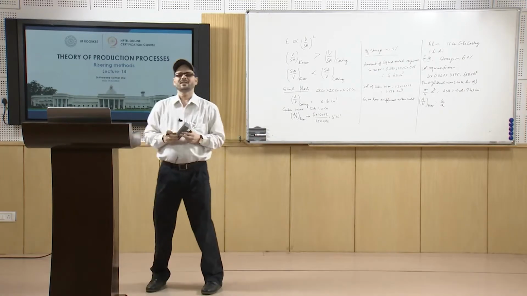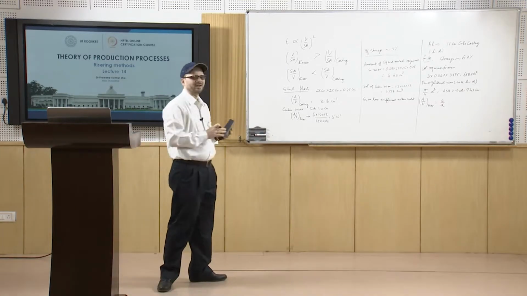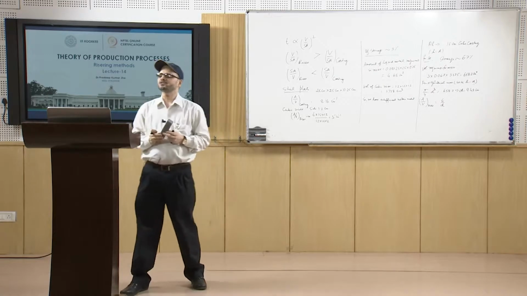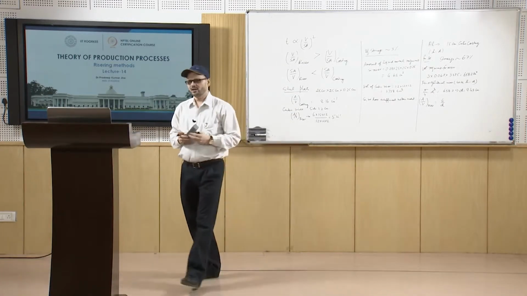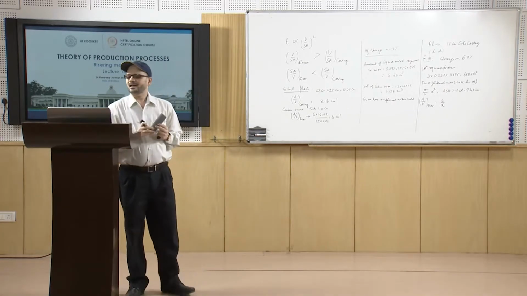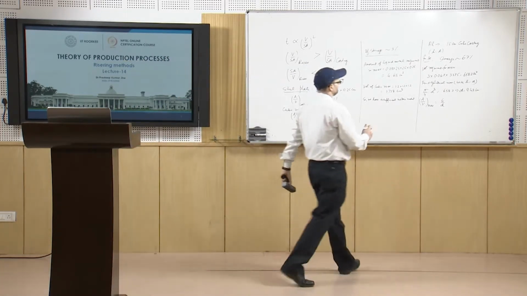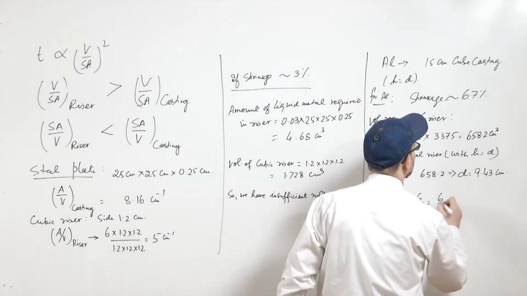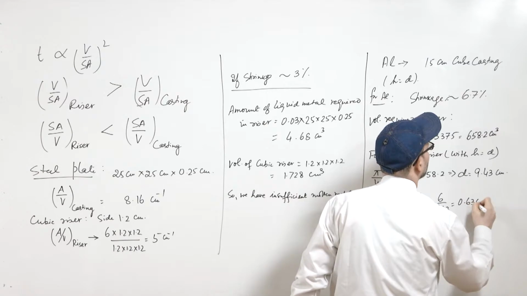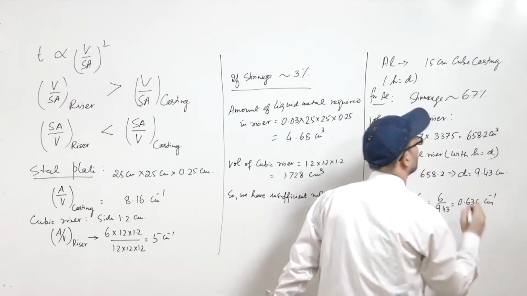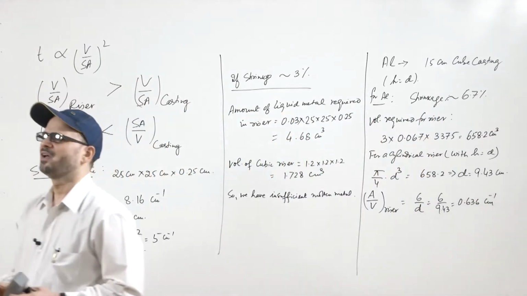So that will be 6 by 9.43, which is 0.636. So, this is A by V for the riser.